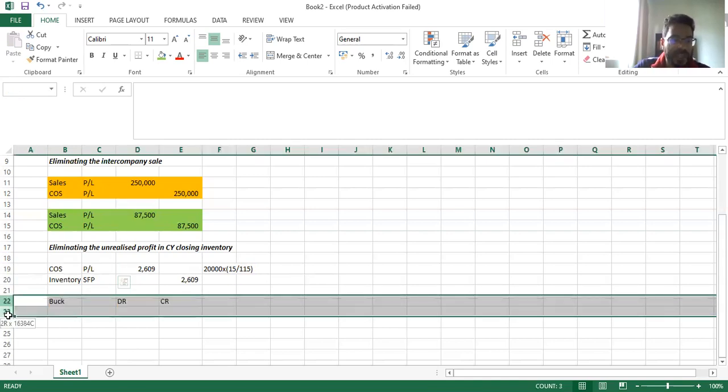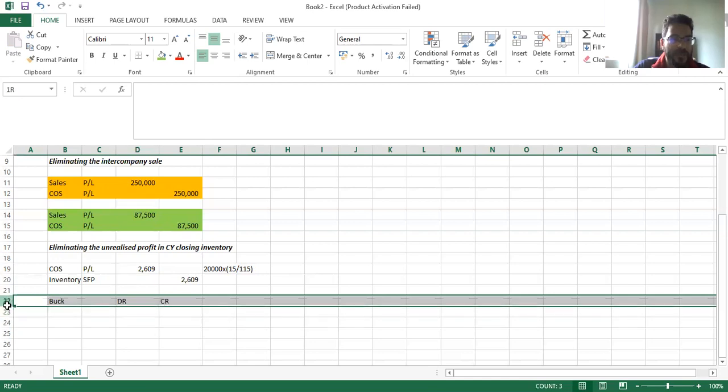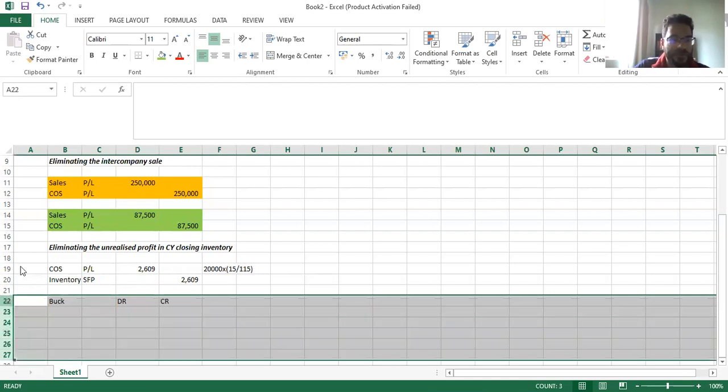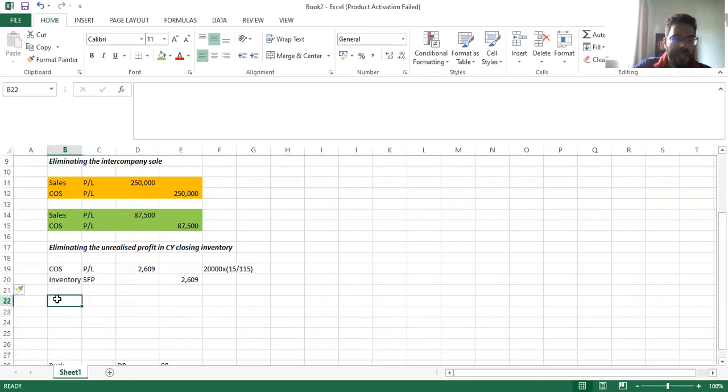So the deferred tax implication will simply be, when it's deferred tax for the income statement, we will call it income tax. And this is P&L. And the balance sheet will simply be deferred tax SFP.